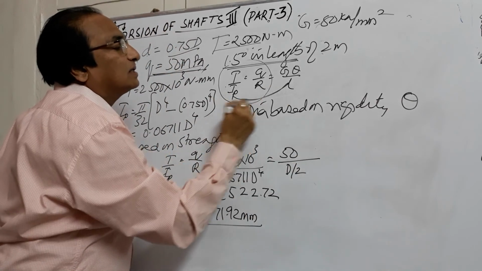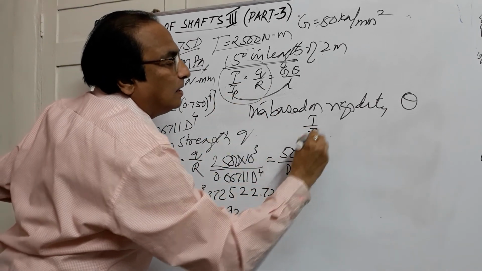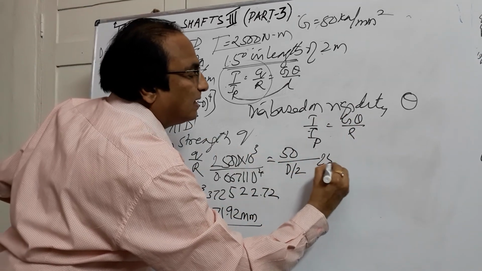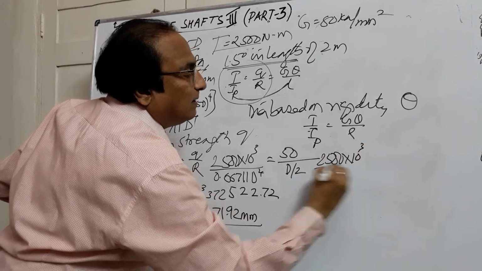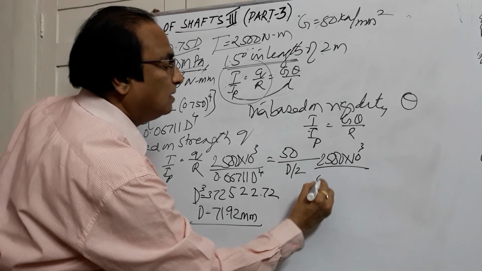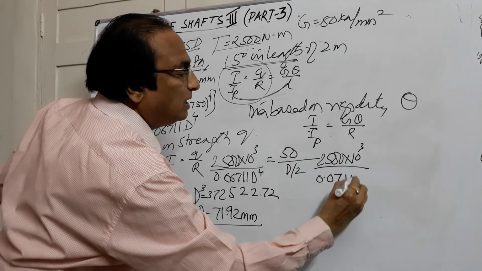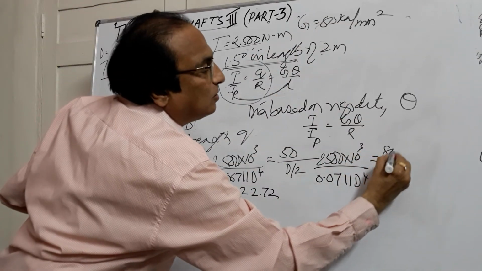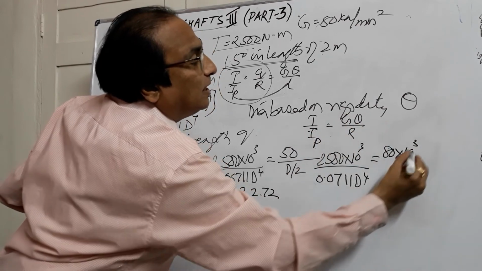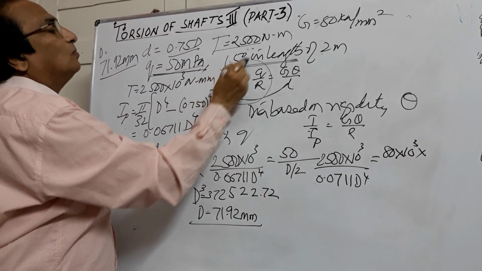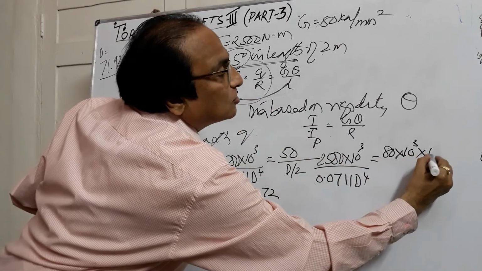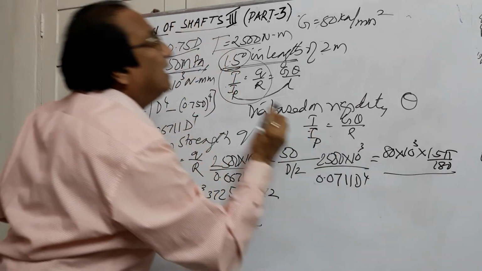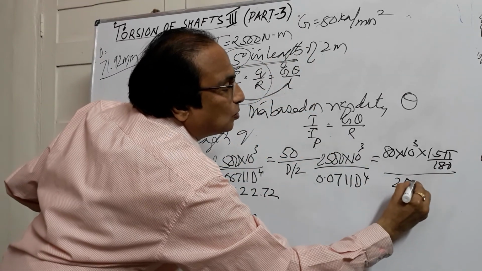We are using the relation T by IP is equal to G theta by L. T is known to you, 2500 into 10 to the power of 3, divided by IP, 0.06711 D raised to 4, is equal to G, which is given as 80 kilonewton, so convert it into Newton per mm square, into theta, the angle of twist, 1.5 degrees, convert it into radians, so it will be 1.5 pi by 180, divided by L, the length of the shaft, 2 meters, so this will be 2000 mm.